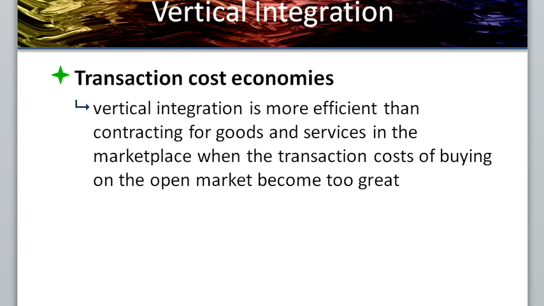Now, vertical integration, they say, is more efficient than contracting for goods and services in the marketplace because of the costs of the middleman, basically. If you can do the work yourself, you don't have to pay the transaction costs of buying it from another manufacturer.